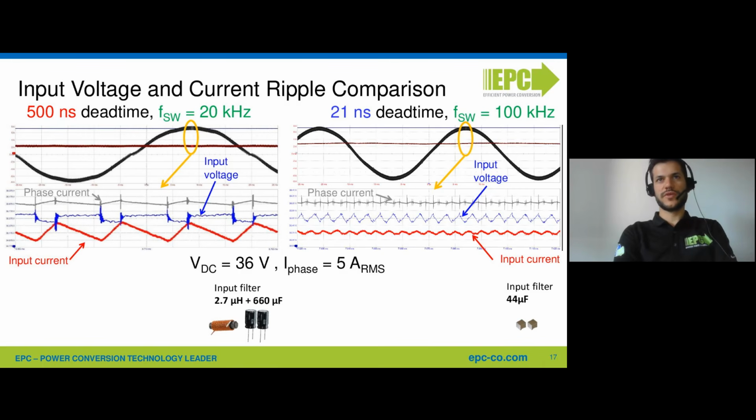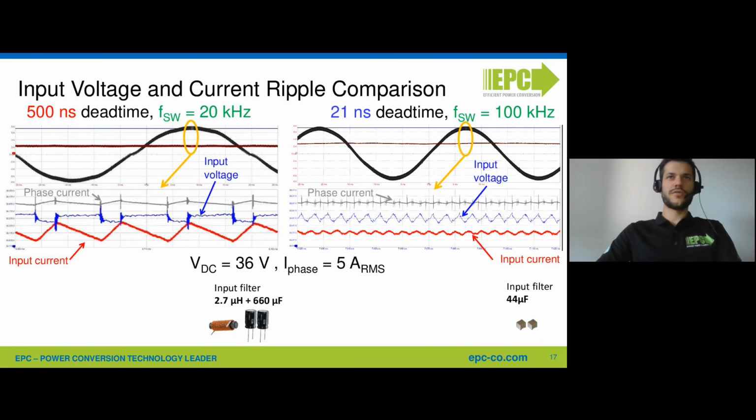The voltage ripple instead has a ripple which is not so different. So it's a different shape, but the peak-to-peak value is not so different. But what you should look at this moment is the number of components that are necessary and how big they are in the case of the 20 kilohertz modulated inverter and the 100 kilohertz modulated inverter.